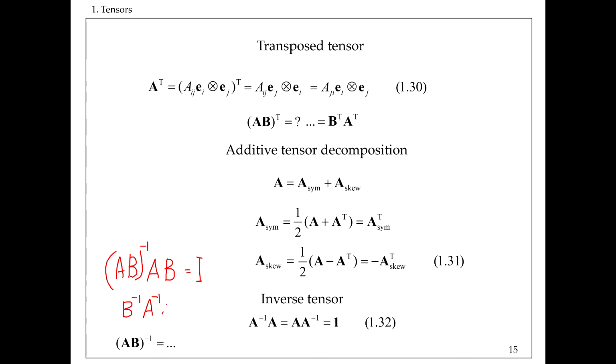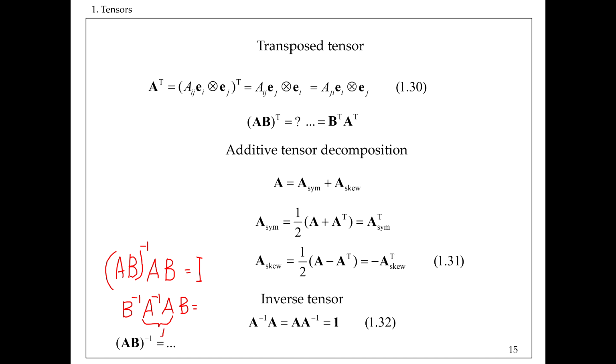You still have this A and B, and this whole middle combination is automatically the identity matrix, because by definition you take the inverse, multiply it with the original, and get identity.